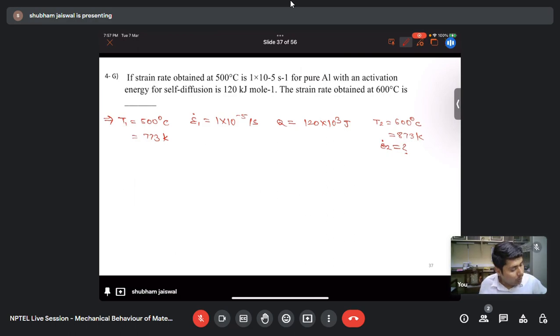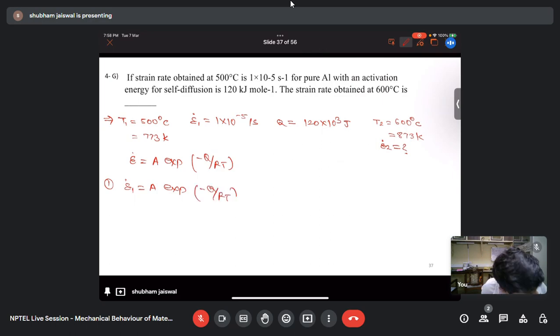So we'll use the equation, that is, the combined effect of strain rate and temperature: epsilon dot equal to A exponential of minus Q by RT. For the first condition, epsilon dot 1 equal to A exponential minus Q by RT.